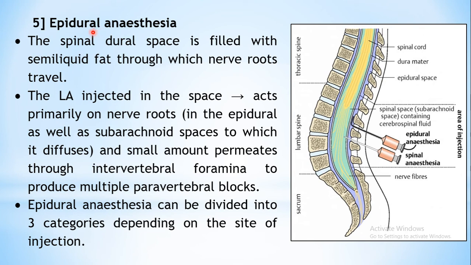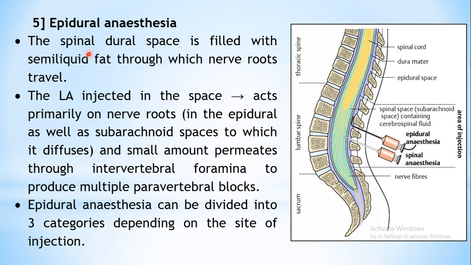Coming to the next technique, that is epidural anesthesia. Here the injection is given in the epidural region. We have seen what the epidural region is. Here injections are given in the epidural space, where the CSF is found and through which the nerve roots are passing.